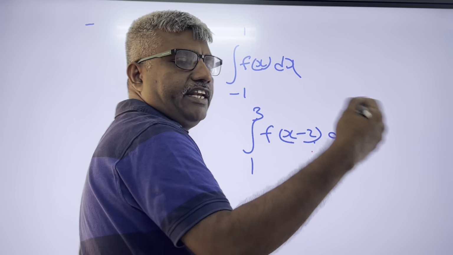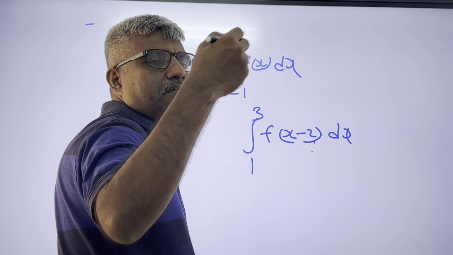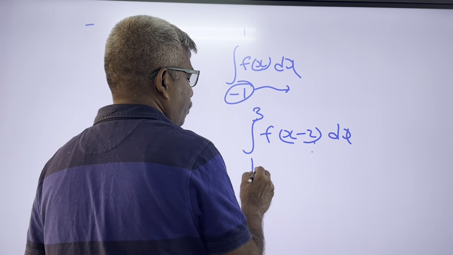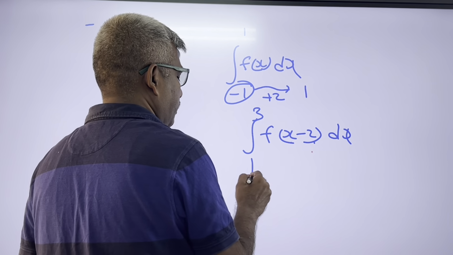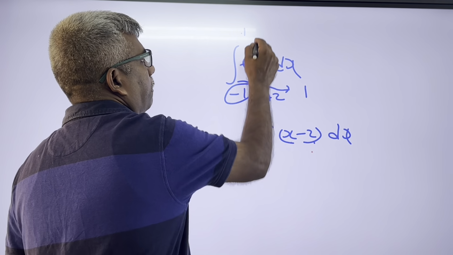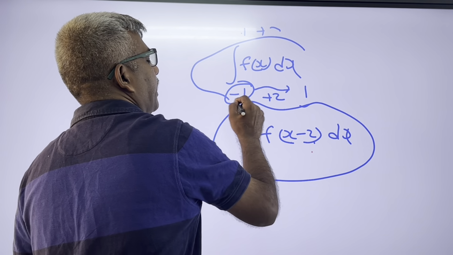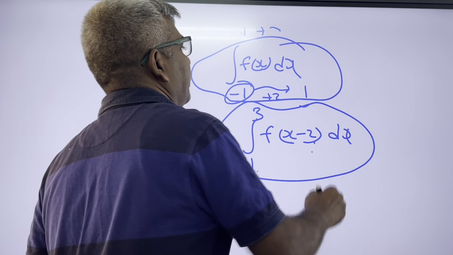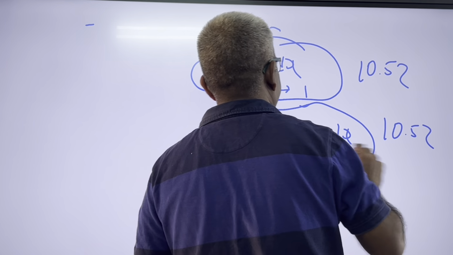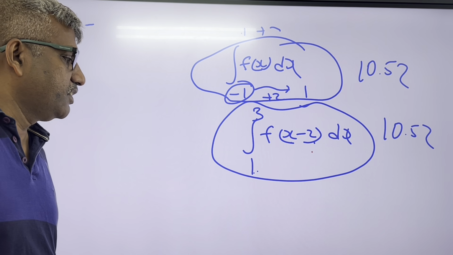See, if it is minus 2, as per our transformation rule, it will move right hand side 2. Minus 1 moves right 2 is 1. Minus 1 plus 2 is 1. 1 moves right is 3. 1 plus 2 is 3. So this and this are the same area. If it is 10.52, this is also 10.52 because everything is the same. Got it?